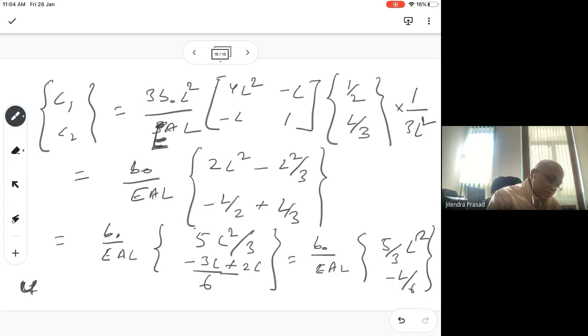But I suspect there may be some error somewhere, guys. So u is equal to C1 times X minus C2 X square. So your value becomes B naught over EA, 5 over 3 L square of L times X, minus C2 X square, and B naught over EA, 6 here, X square.